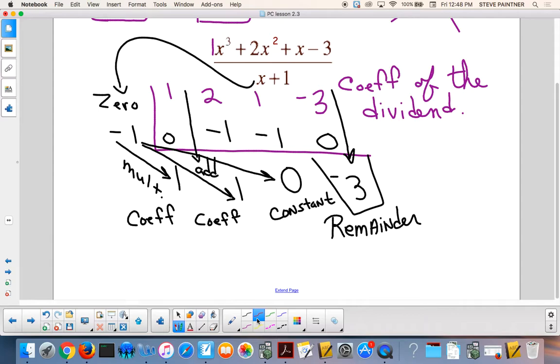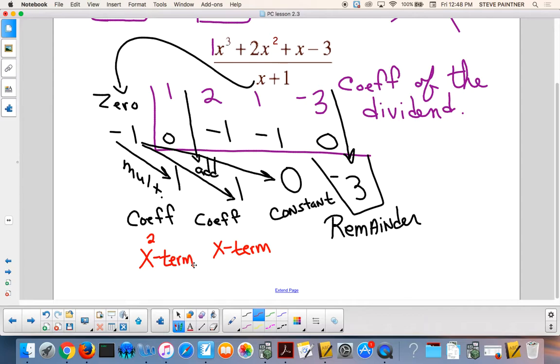Next to the constant would be what term? The x term. Okay. The next number is the coefficient of the what term? X squared term.